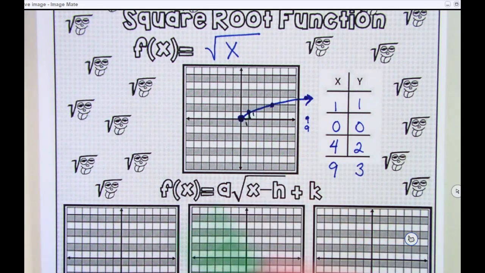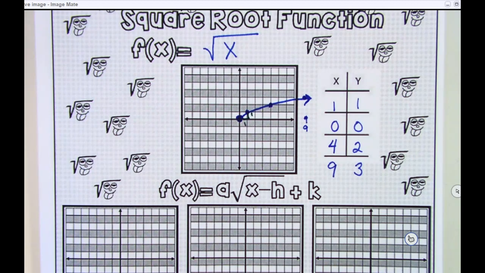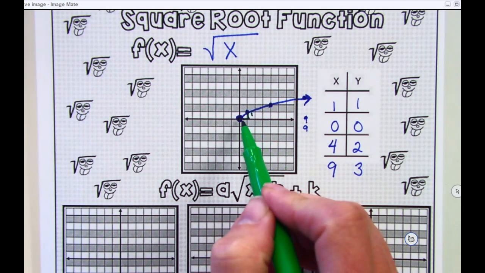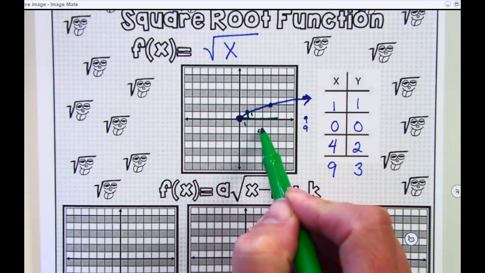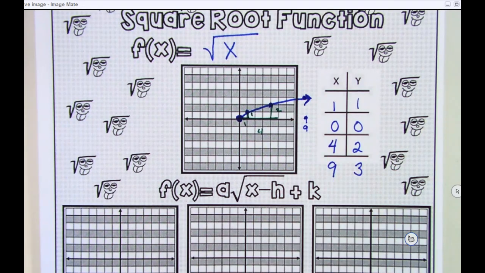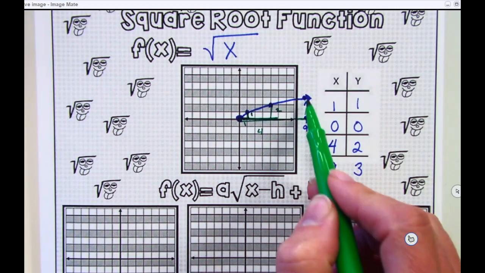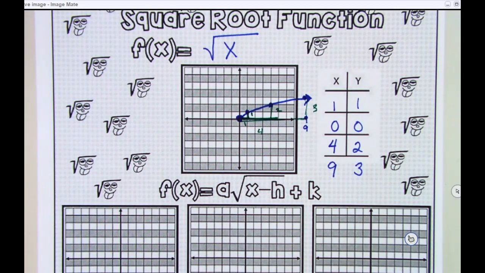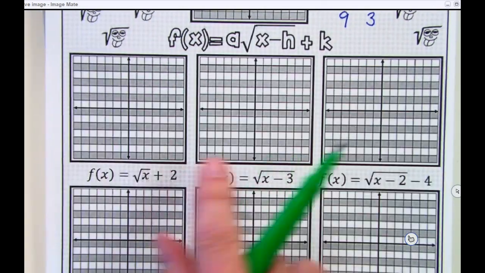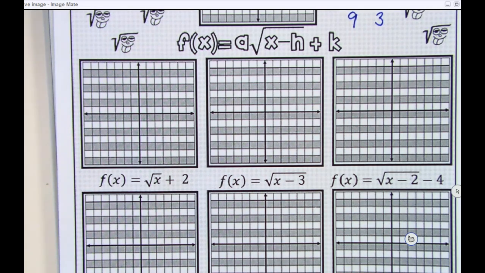And then I have to just remind myself, what's the next number I can take the square root of? That's over 4, up how many? 2. And if I remember over 9, up 3, I can graph all of these with just counting.